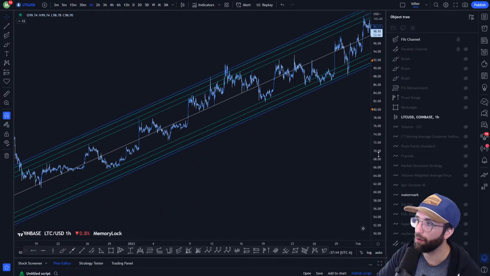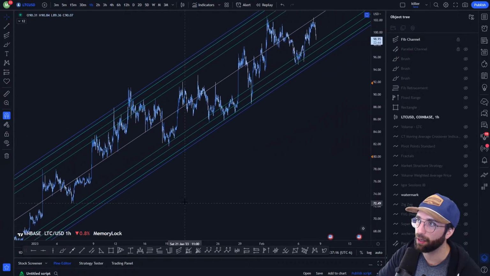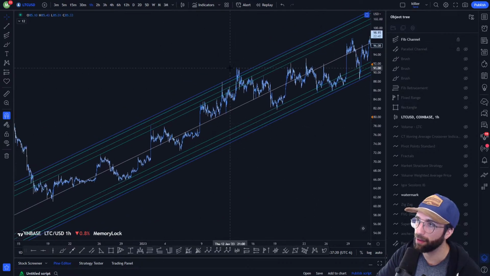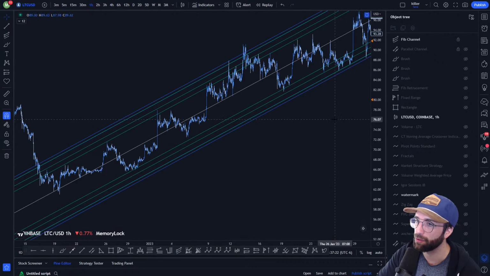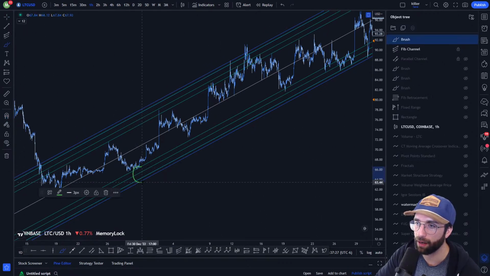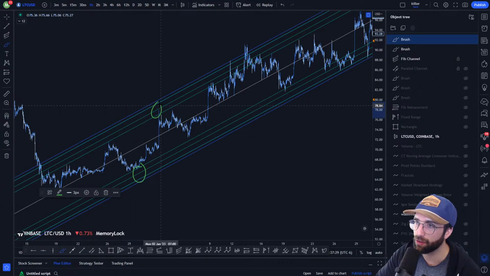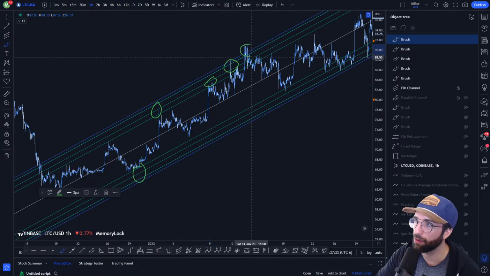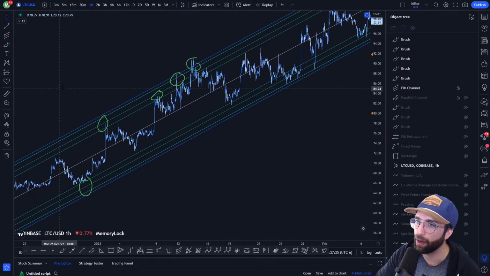Look at how well it has held. I mean, it hasn't even broken out of the deviation. A little bit here, but not enough to be too concerned, right? So we can say we're going to long the bottom, and any deviations into this zone, look at how well those have played out, right? And what are we doing?